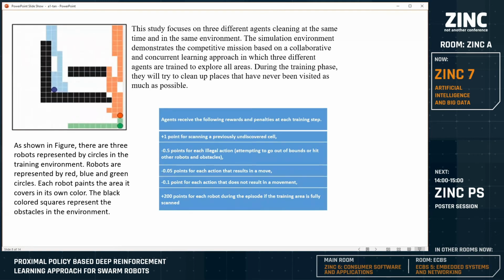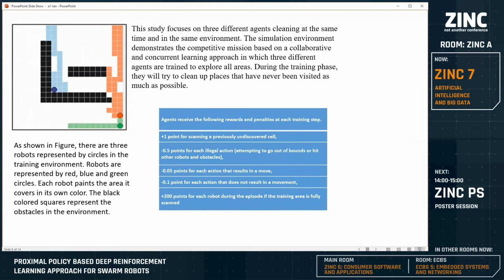Now, as shown in the figure, there are three robots. This is our simulated area, training area. There are three robots represented by circles in the training environment. Robots are represented by red, blue, and green circles.